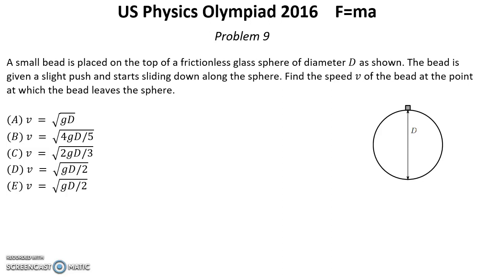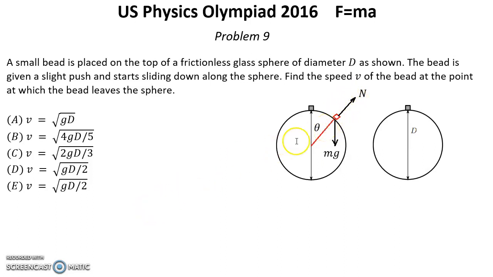First, let's draw the free body diagram. When the bead moves by angle theta, we have two forces acting on it. That's the normal force and the force of gravity mg. And we can find the force in the n direction acting on this bead. Because this bead is moving in circular motion, we have normal acceleration equal to v squared over r.